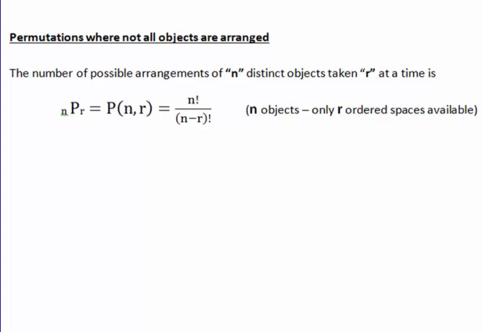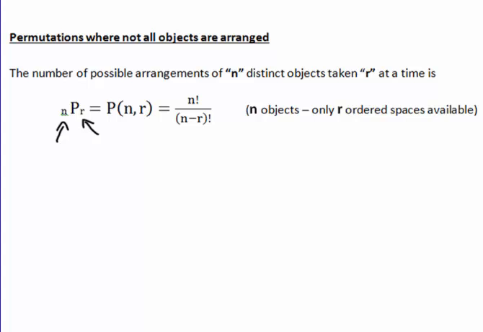And this is an equation where not all of the objects are arranged. We have n possible arrangements, but we only take r of them. In this case, we can use this new formula, nPr. n represents the number of possibilities. r is the number that are picked. And it's P because order matters. It's a permutation.